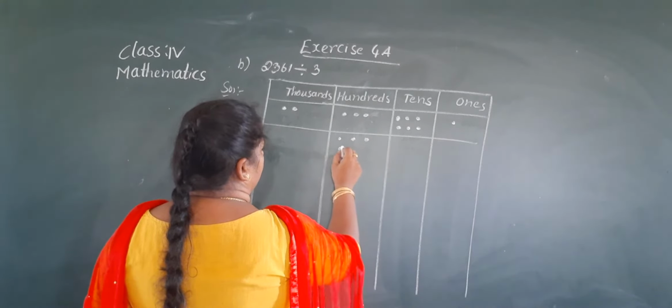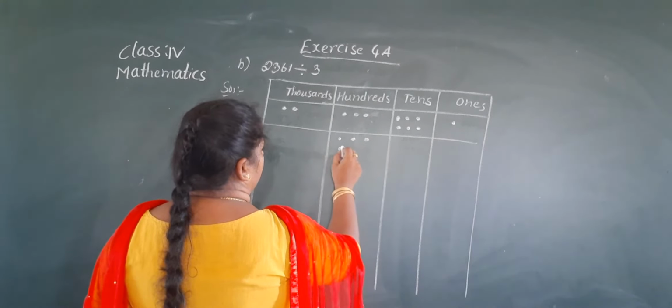Okay, now we make the groups of 3. That means 3 dots, 1 group. Keep, all of you, 3 dots, 1 group, and continue this way for every group. Okay.